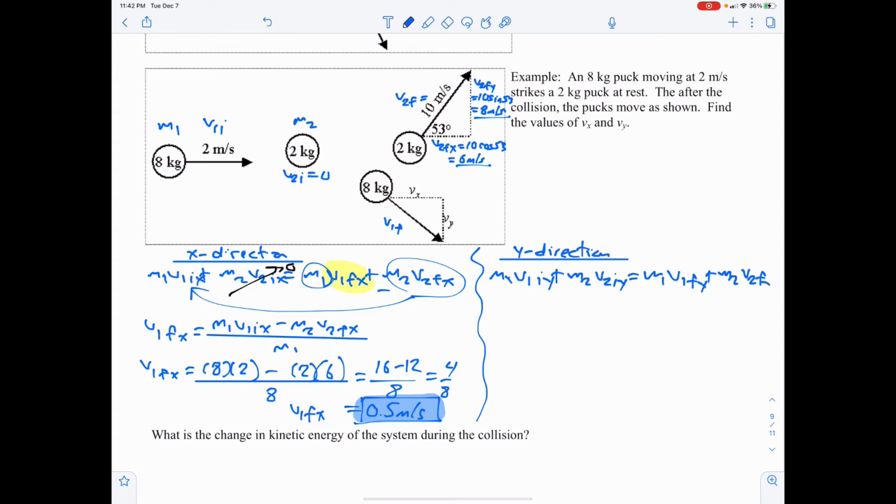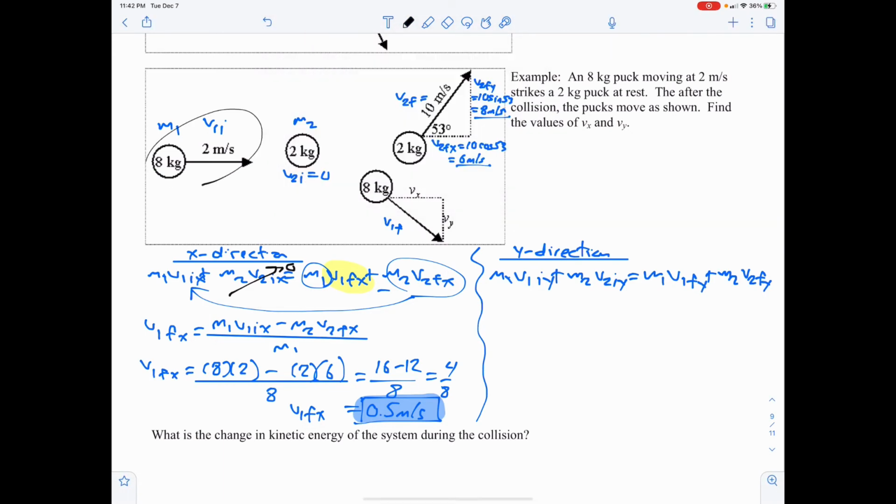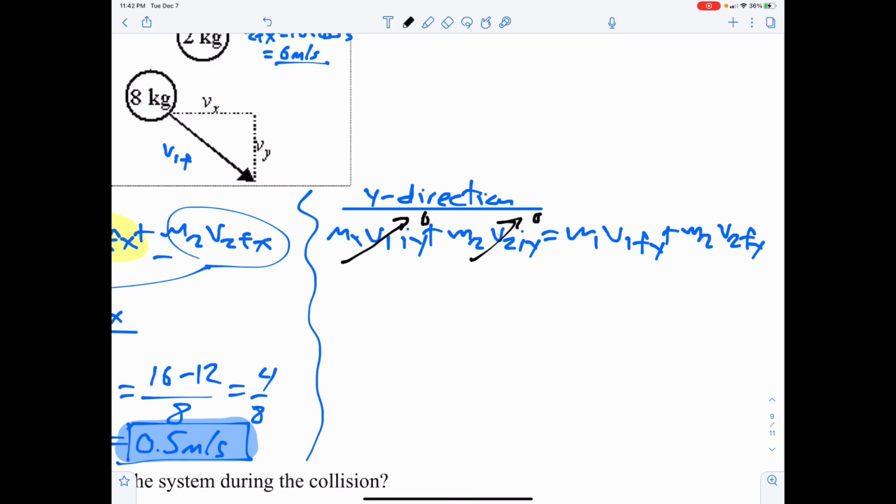Now the nice part about the y direction: this is moving in the x direction, so it has no y momentum. This isn't moving, so it also has no y momentum. Both objects have no y momentum. They're only moving in the x direction or not moving at all. So that means this whole equation simplifies to 0 equals M1 V1 final in the y direction plus M2 V2 final in the y direction.